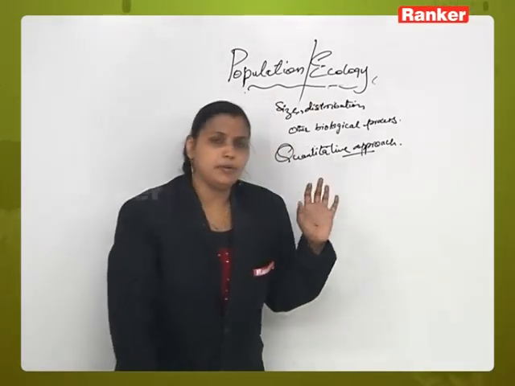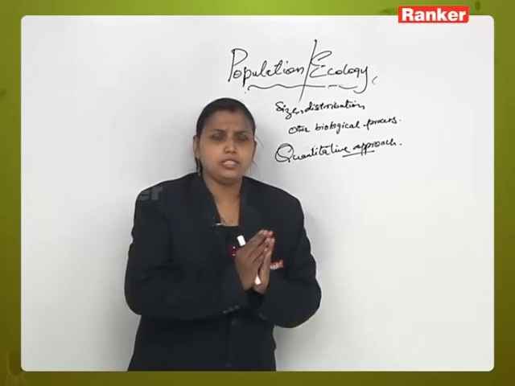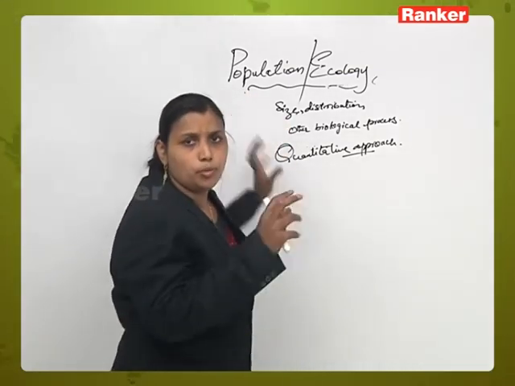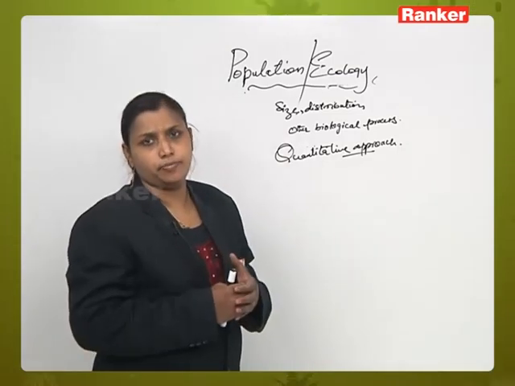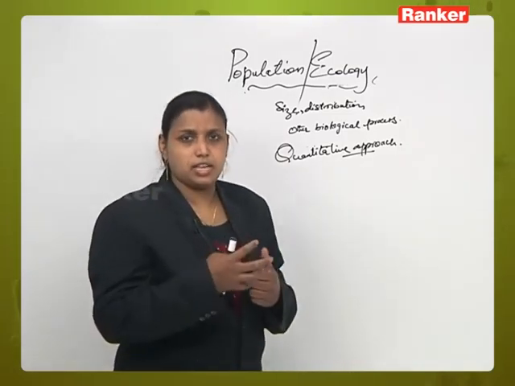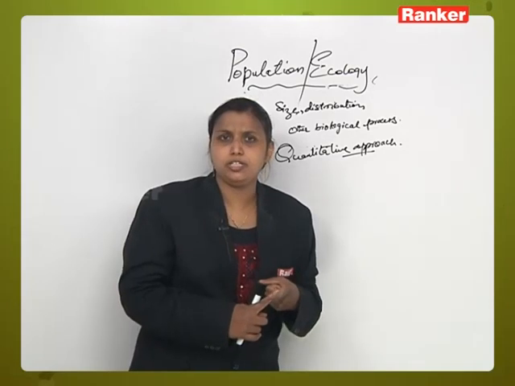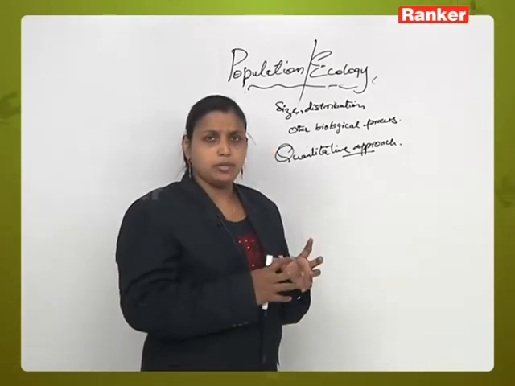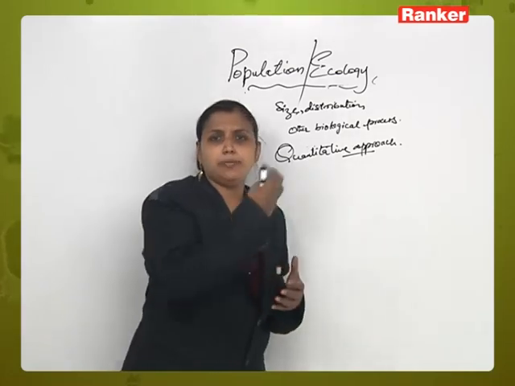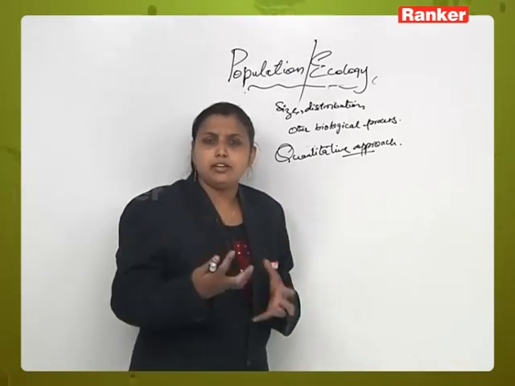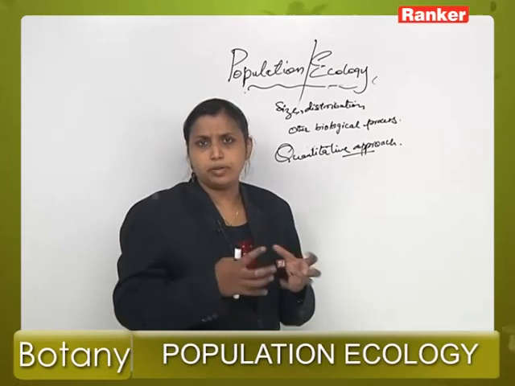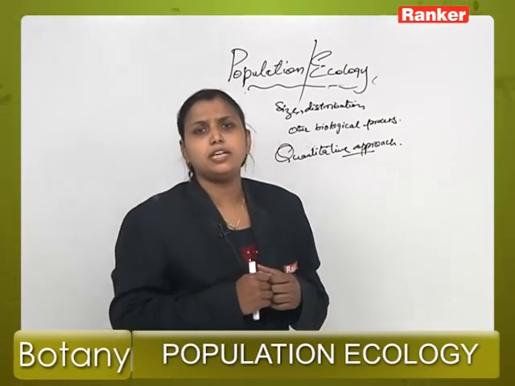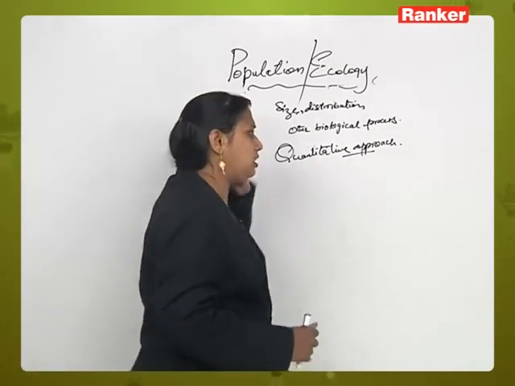Now, for example, a group of frogs living in a lake can be taken as a criterion for the study of population ecology. Presence of teak trees in a deciduous forest, occurrence of monkeys in a particular area, or occurrence of sandalwood trees in a particular forest: all these can be taken as examples of population ecology.